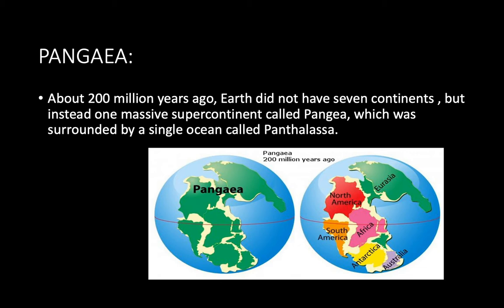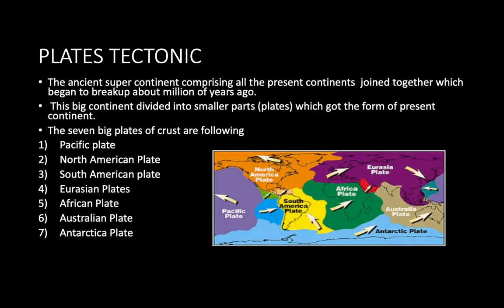Now you are thinking about Panthalassa. What is Panthalassa? Existing oceans were once in the form of a single superocean, Panthalassa. Plate tectonics. A tectonic plate is also called a lithospheric plate.